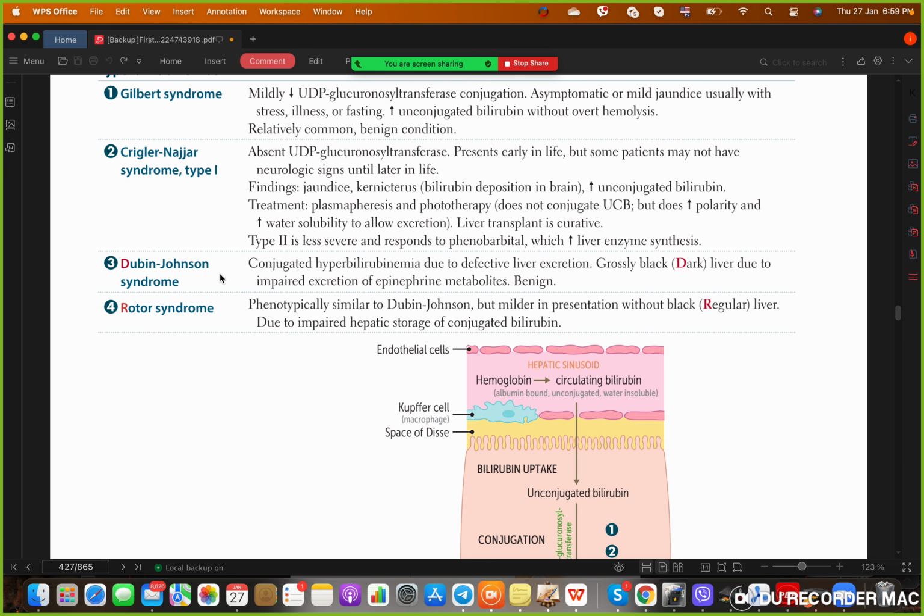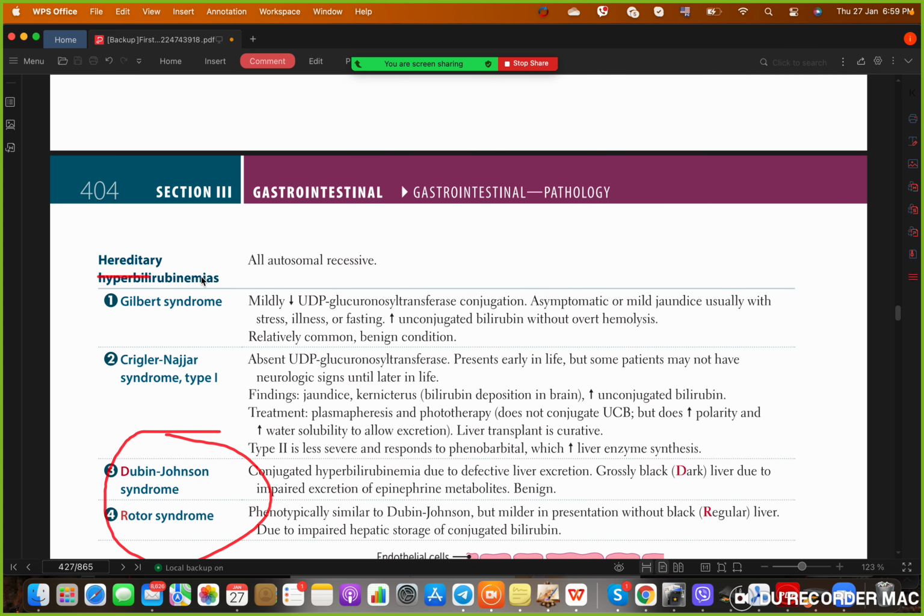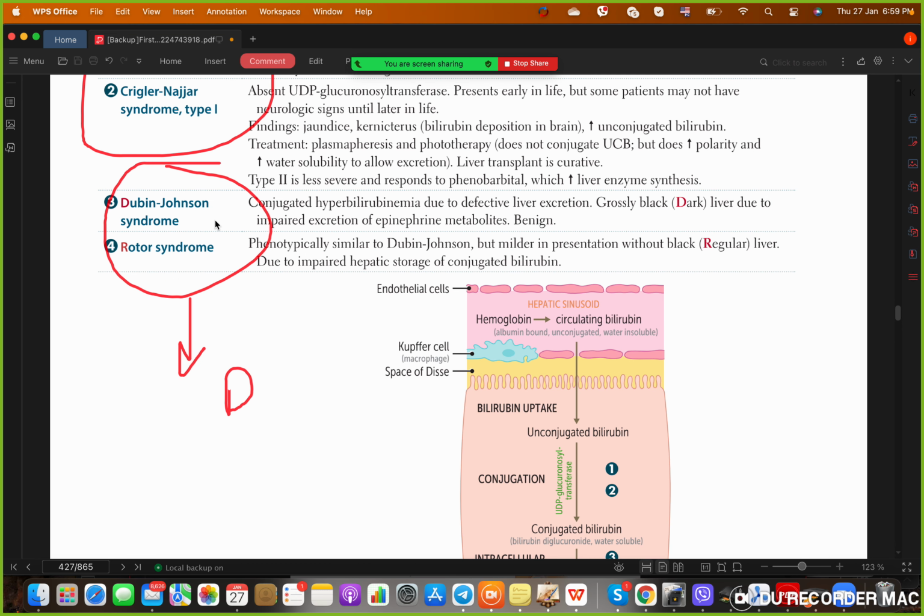The reason is that these two both have an increase in the direct bilirubin, while these two both have an increase in the indirect bilirubin. So Dubin-Johnson syndrome: conjugated hyperbilirubinemia due to a defective liver excretion, grossly black, due to an impaired excretion of the epinephrine metabolite, done with that.